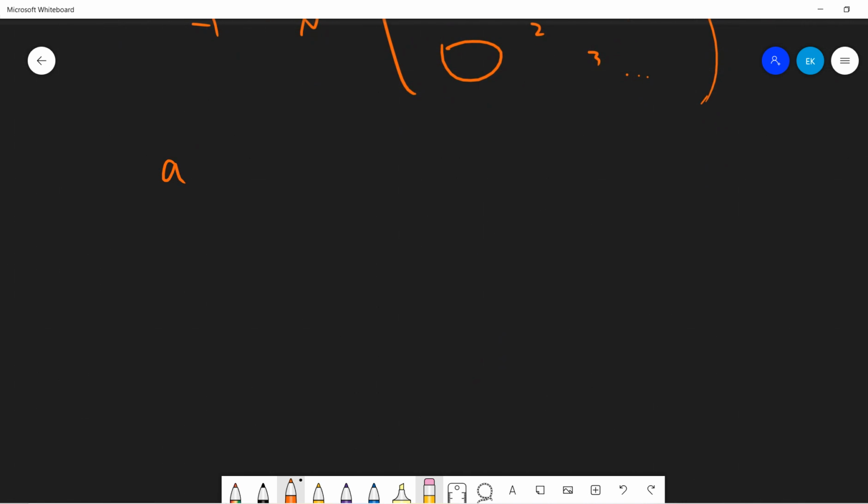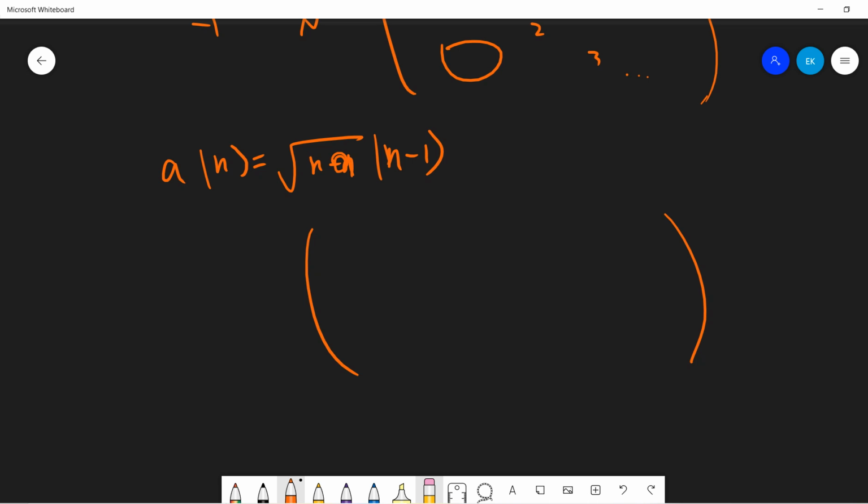How about this a, right? We know that a acting on the eigenstate of n will give square root of n times the state n minus 1. So if you write it out, it will become 0, 1 square root, 1 0, 0 0 square root 2 0 0, 0 0 square root 3 0 0.